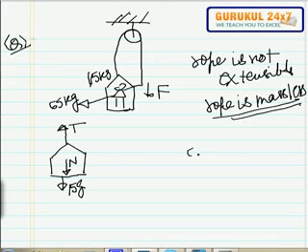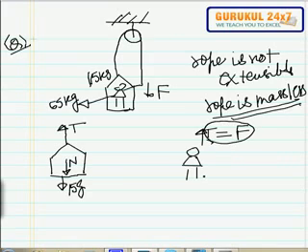Now let's try to draw the free body diagram of the man. The man is pulling the rope down with the force F. The rope should also do the same. So the rope has a tension T, and that tension equals the force F. Why can we say this? We can say this because the rope is massless.